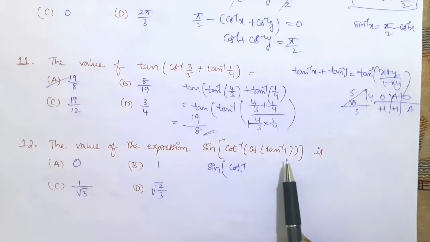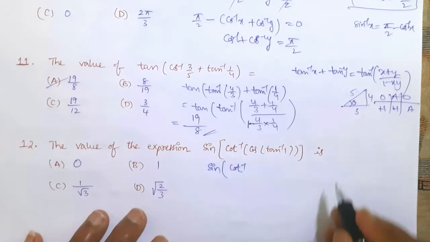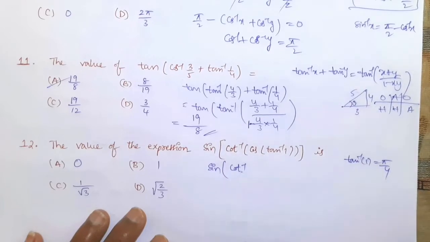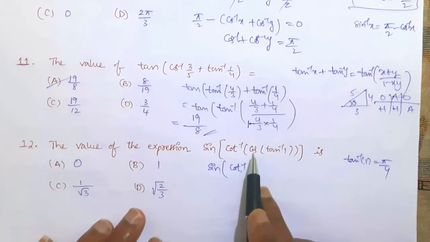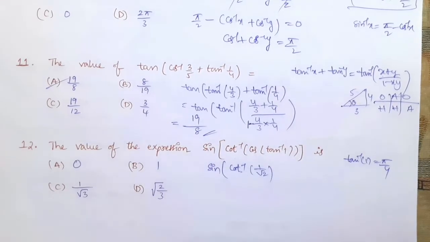Simplify with the inner thing, that is, first tan inverse of 1. We know that tan inverse of 1 is equal to pi by 4. So it will become pi by 4. Then cos of pi by 4 is what? 1 by root 2. See how it is simplified. Like that we need to simplify.